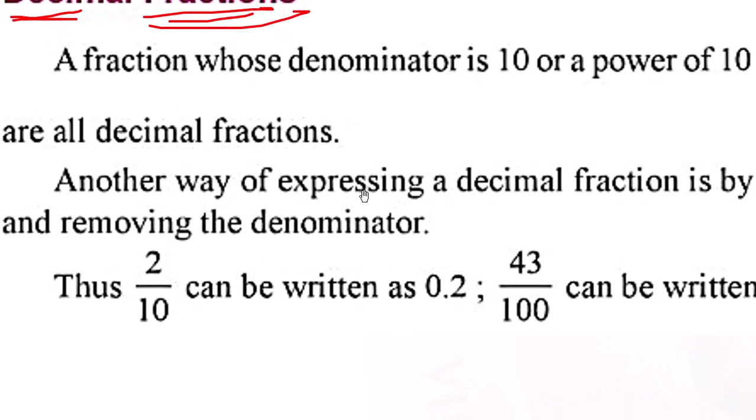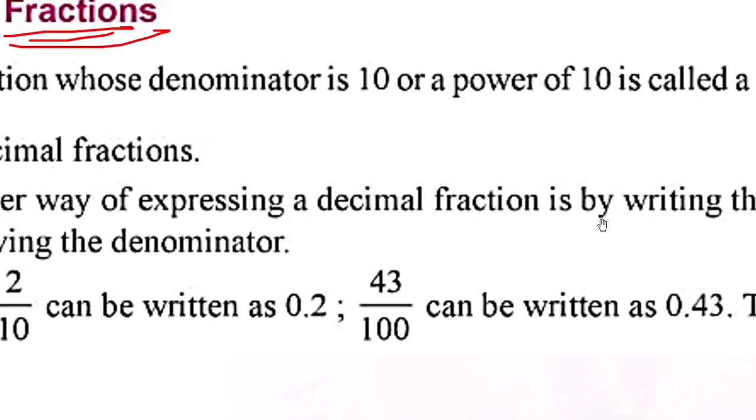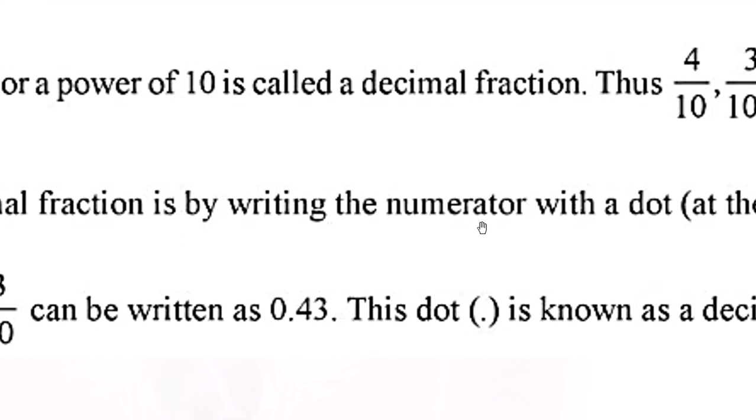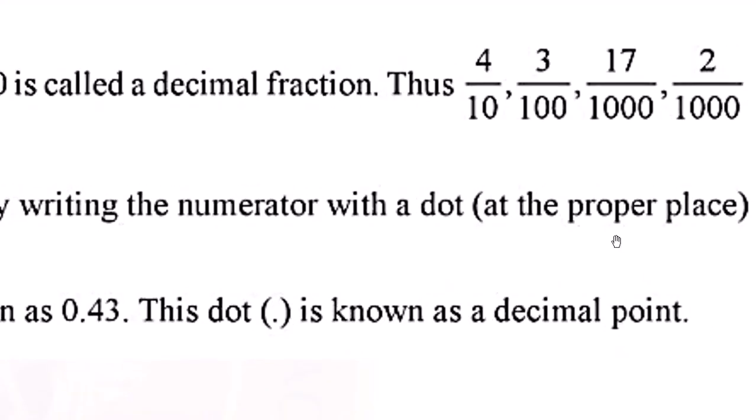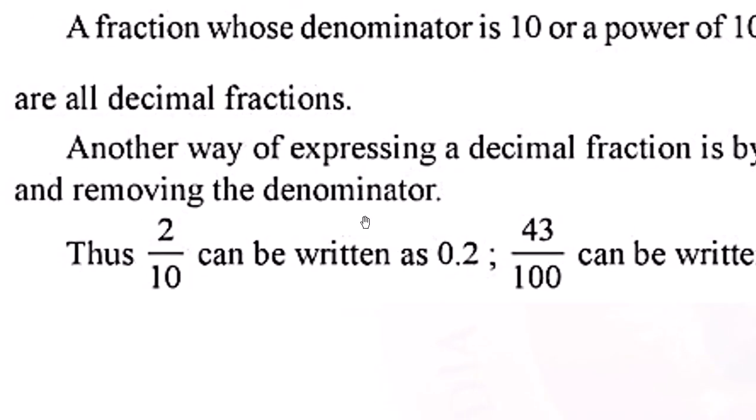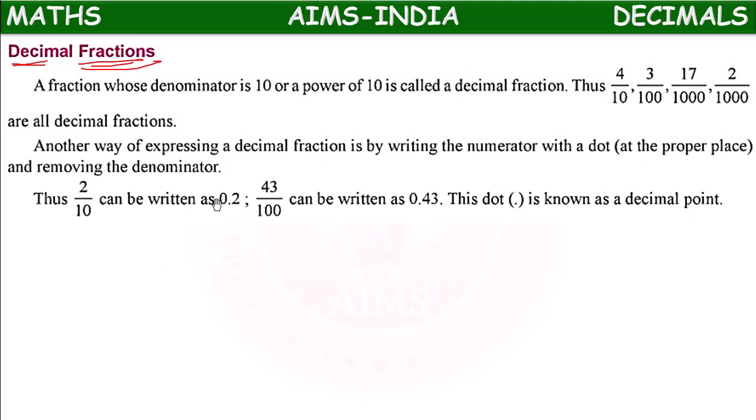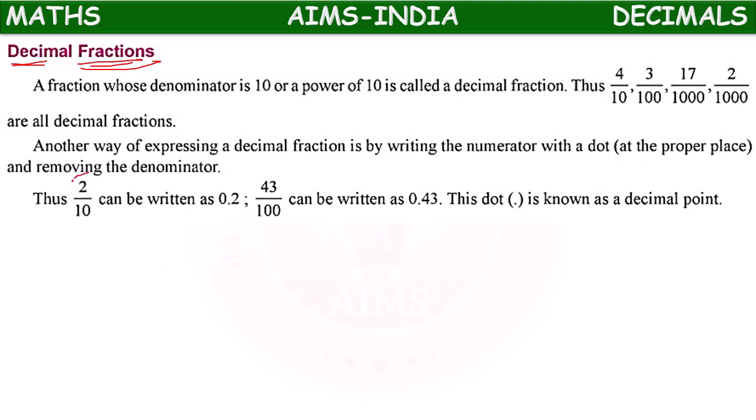Another way of expressing a decimal fraction is by writing the numerator with a dot at the proper place and removing the denominator. Suppose we have 2 by 10. 2 by 10 is a decimal fraction because the denominator is 10.